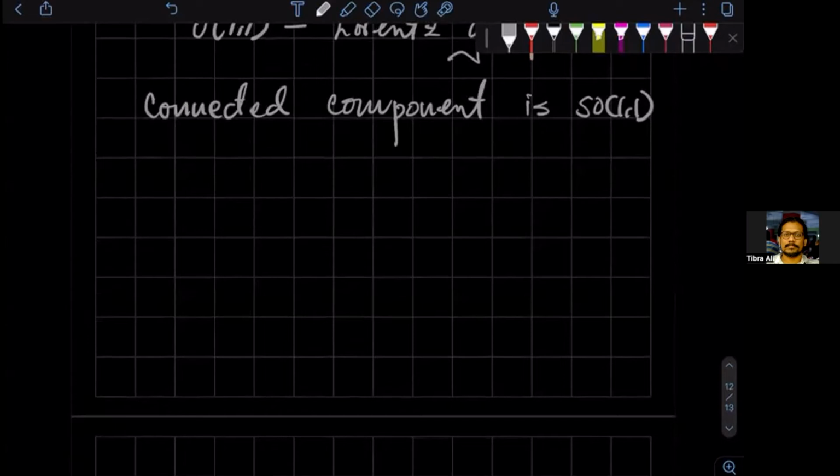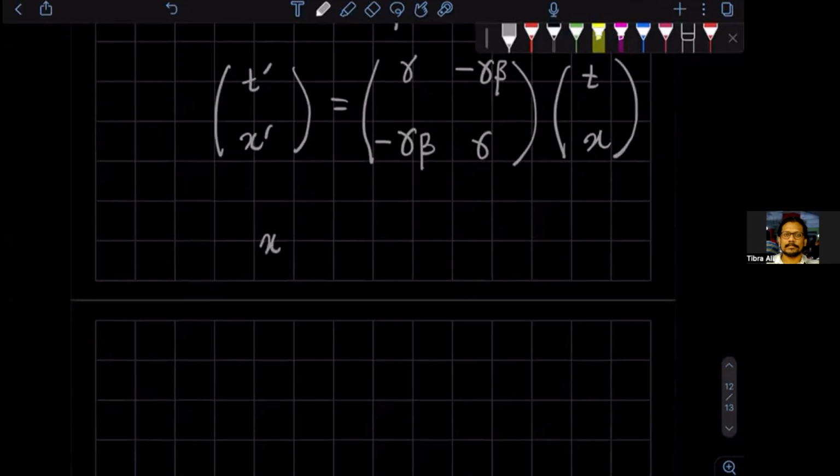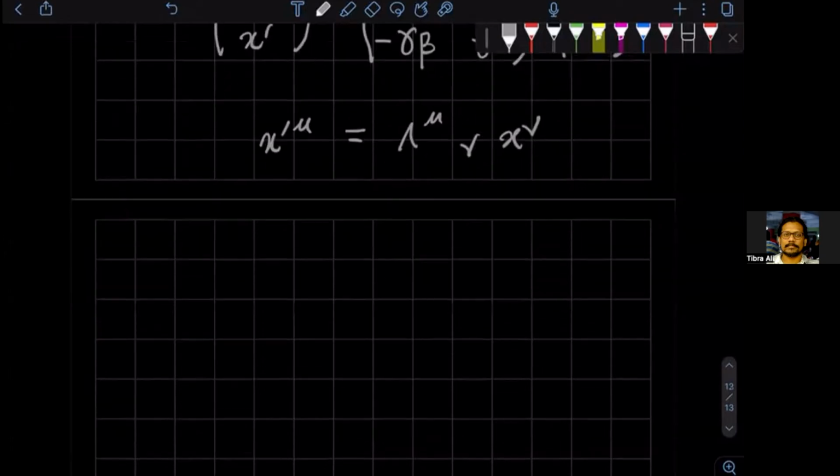And we saw that these transformations have the form of a linear transformation of this form. Okay, so we can write this as x prime mu is equal to lambda mu nu x nu.